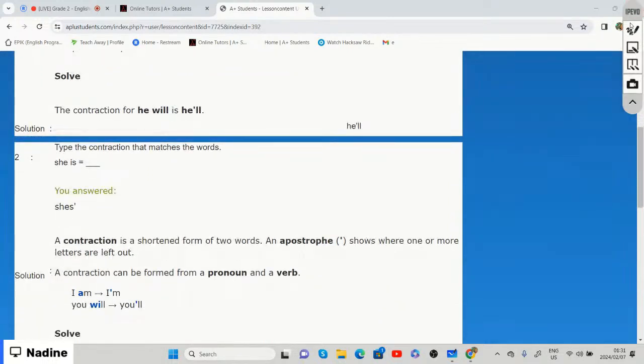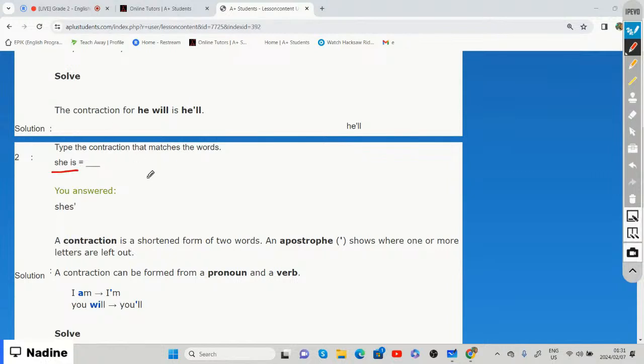If we look at another one, it says she is. She is. And what did we say stays the same? So now we see that our pronoun stays the same, which is she. So we can bring down our she. And then our word is.